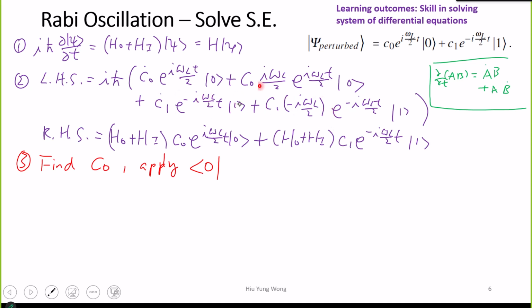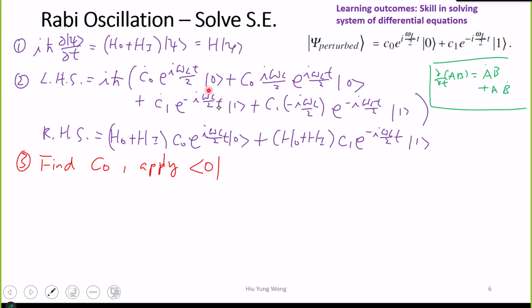Any questions? You need to make sure you understand what I'm doing. I know a lot of things can be very confusing, but if you understand this, the rest will be straightforward. Last time some people told me they could not see the dot, which is partial C0 partial t. So make sure you understand.